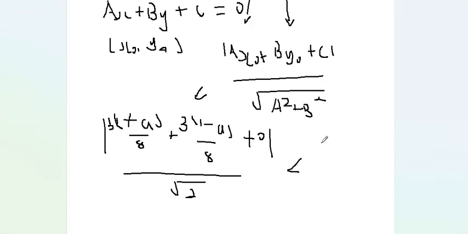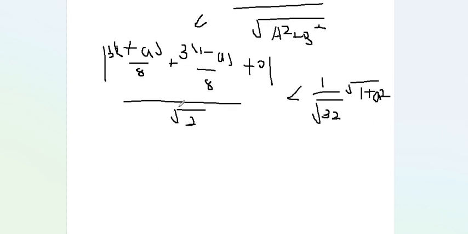So actually what we can do is just take this 32 out, and then we have the square root of 1 plus a squared. We take the fraction out of the absolute value, and (1 plus a)/8 plus (1 minus a)/8 is just going to be 2, so the absolute value just drops out. Then we can simplify 1 over square root 32 into 1 over 4 times square root 2.